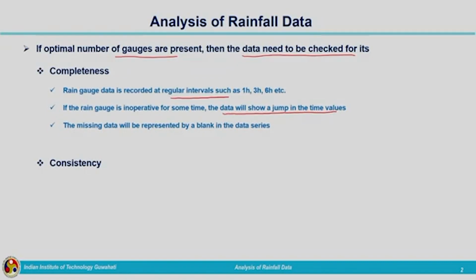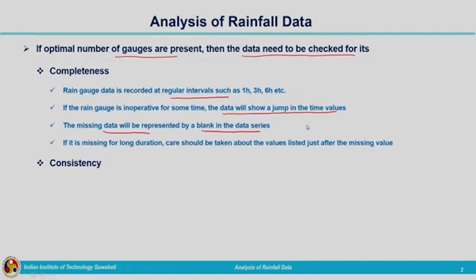The missing data will usually be represented by blank spaces in the data series. And if the missing data is there for a long duration, maybe months or days, then we need to do one more check regarding the data which we obtained just after the missing period.